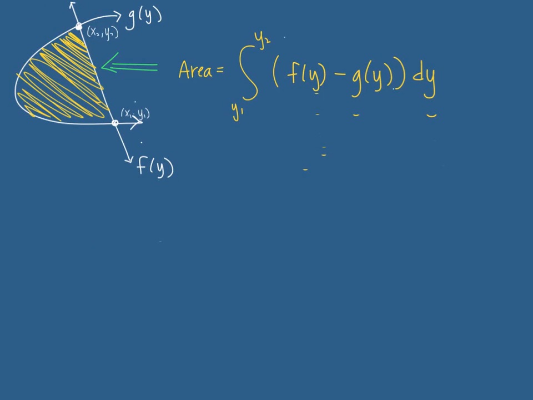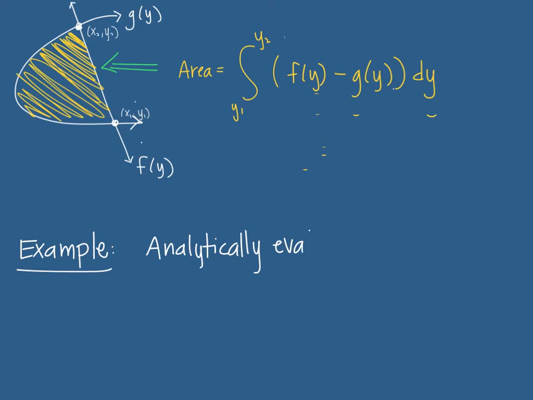So let's do an actual problem that's got functions and numbers and stuff. Analytically determine, or analytically evaluate. As soon as you see the word analytically, it implies that there's no calculator involved.